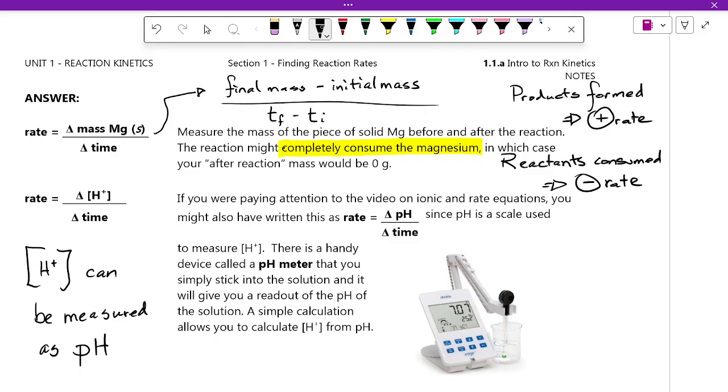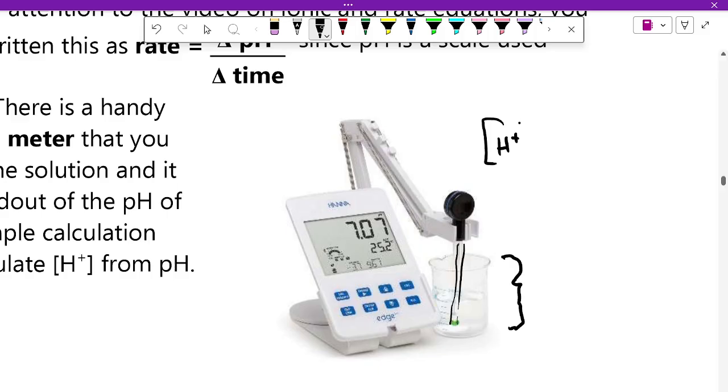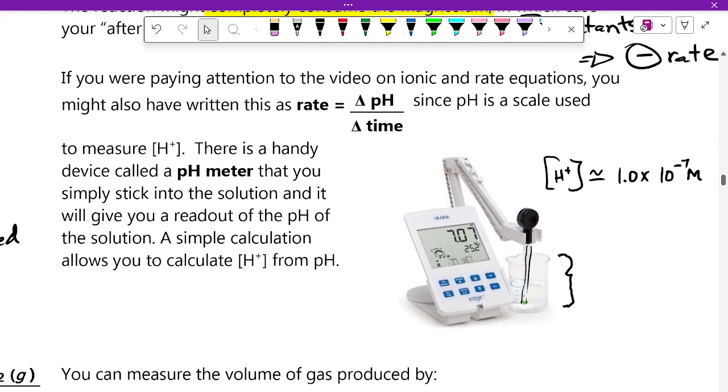You've got yourself a little beaker, and you have a little probe that gets placed into the solution, and it gives you a readout. This one is 7.07 is the pH, which would mean it has a concentration of hydrogen approximately equal to 1 times 10 to the negative 7 molar. And we'll learn how to do that calculation in unit 4, but not right now. But you can convert back and forth between pH and hydrogen. All right?